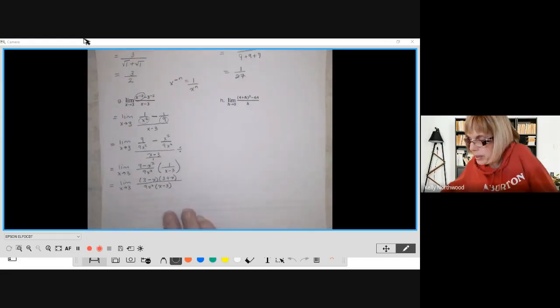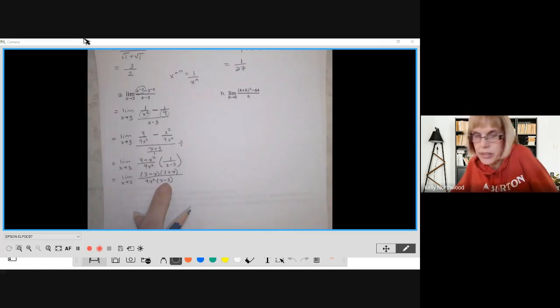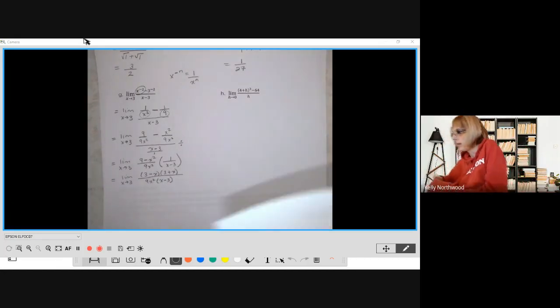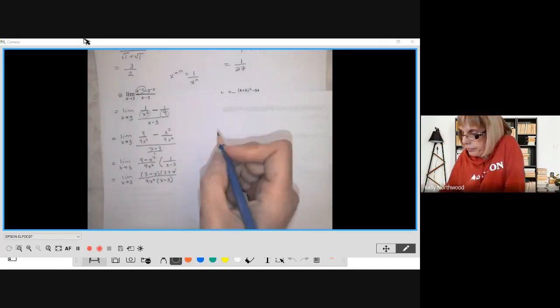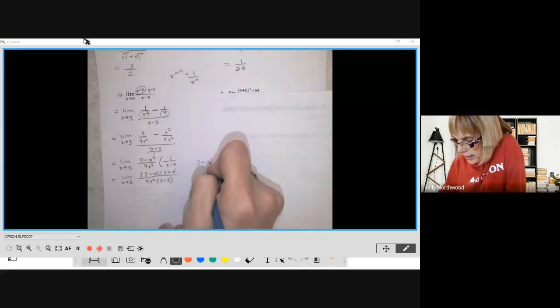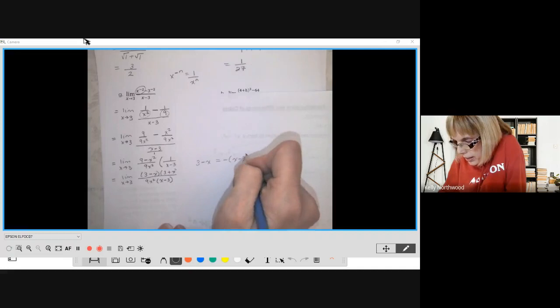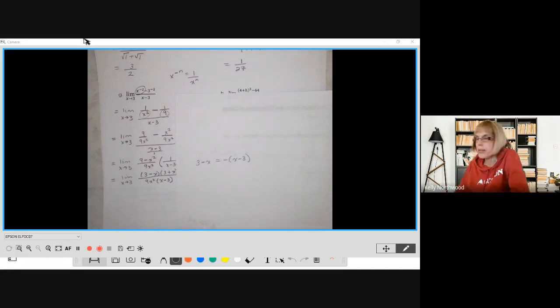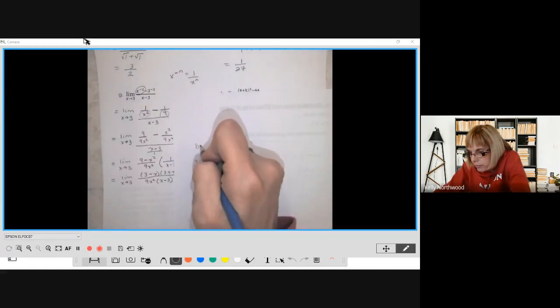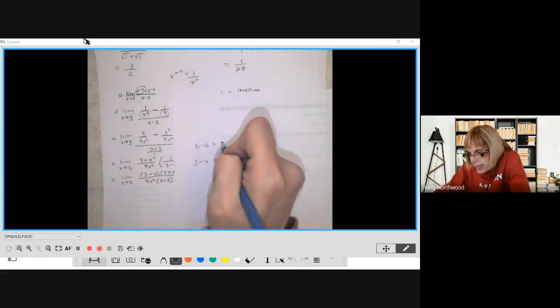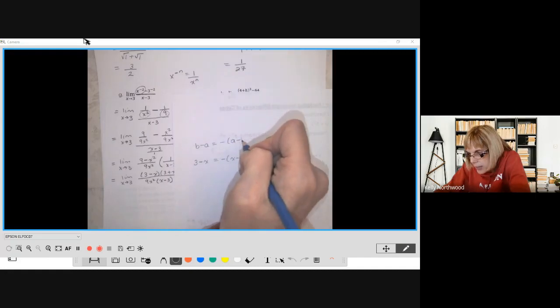Mhm. Everybody good? That 3 minus x and x minus 3 are not the same. So 3 minus x is equal to negative (x minus 3). That was something we learned in grade 11 when we were simplifying rational expressions. Our overall rule was b minus a is negative (a minus b).